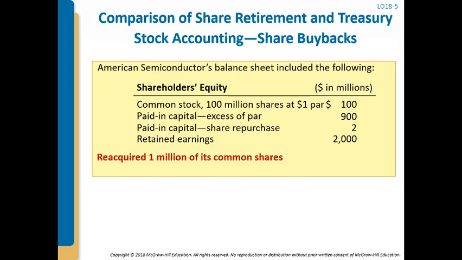How they treat this does depend on whether it's treated as a retirement or whether it's treated as treasury stock that's going to be resold at a later date. How they treat this also depends on how much they repurchase the stock at.